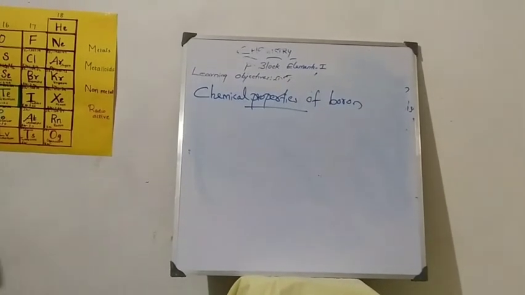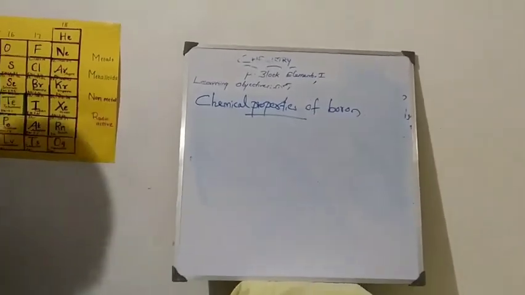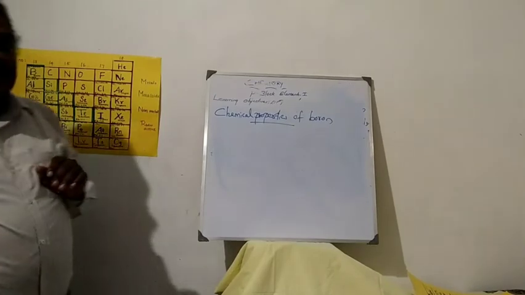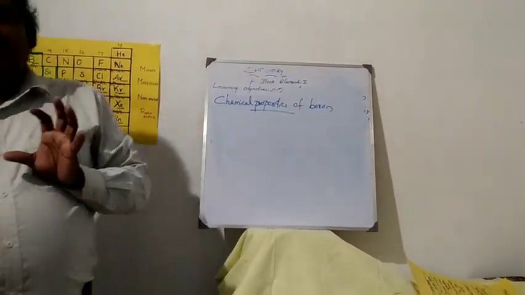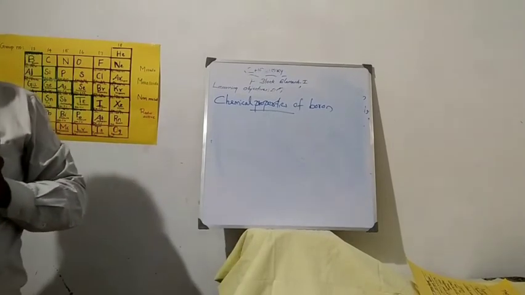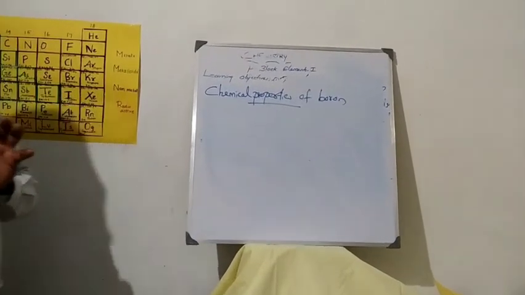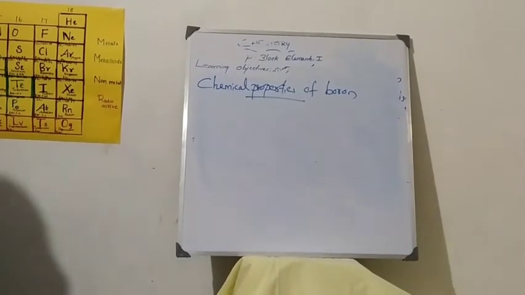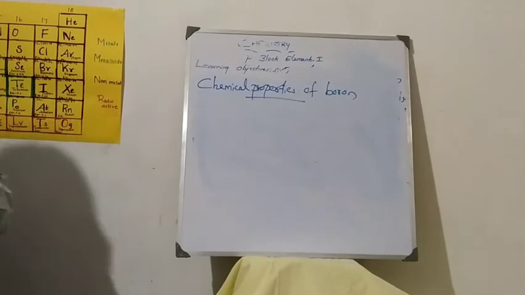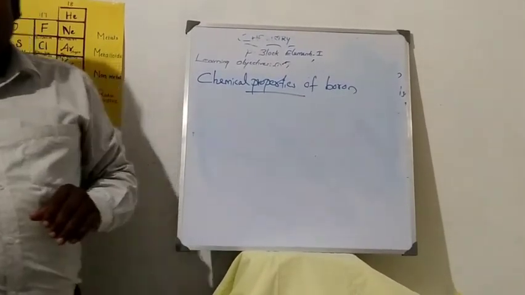Earlier I told you boron is a metalloid, but it is less reactive. However, it shows reaction at high temperature. Many of its compounds are electron deficient due to the small size and high ionization energy.